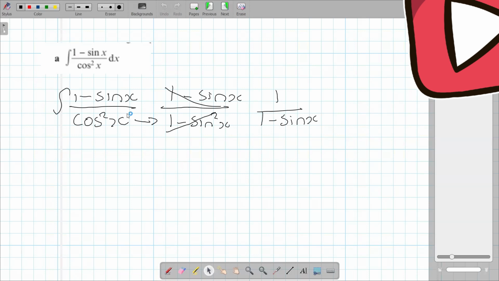Now what? Think with this. Any other method? We will be left with 1 divided by 1 plus sine x, because 1 minus sine x will be cancelled. Yeah. Oh yeah.